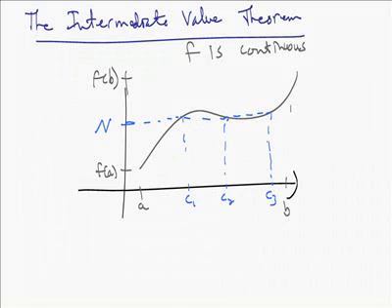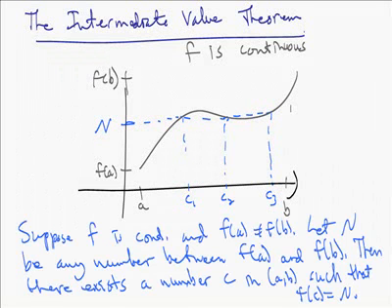In other words, if we're going to go from f of a to f of b, and our function's continuous, you give me some number between f of a and f of b, we're going to have to cross that number because the function is continuous, because we're not allowed to pick up our pencil anywhere as we graph it. So let's just state it a little bit more formally.